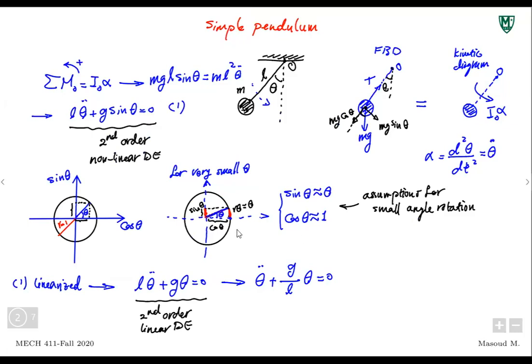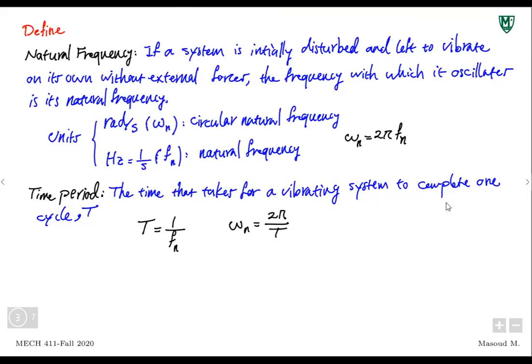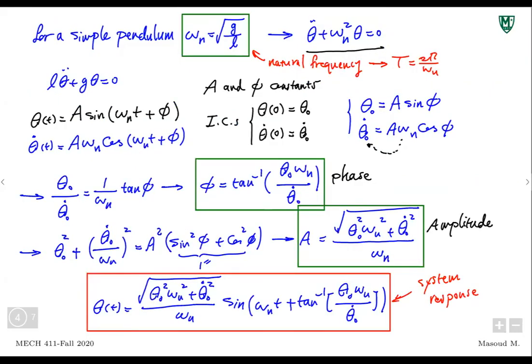When theta is small, I can linearize this, and then I defined two concepts, natural frequency and time period. I went back to my equation of motion, and I solved it, which is now a second order linear differential equation, from what we knew from differential equations. I suggested a solution with constants, used the initial conditions, and found a system response.